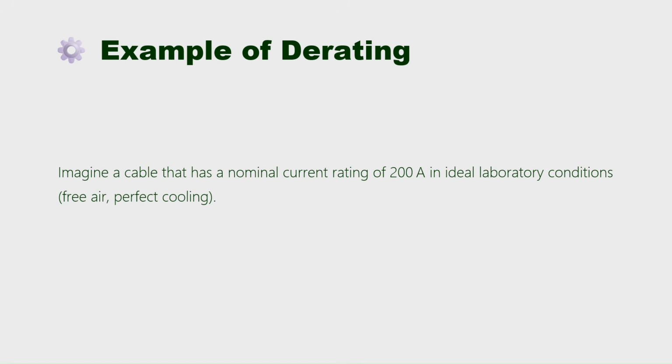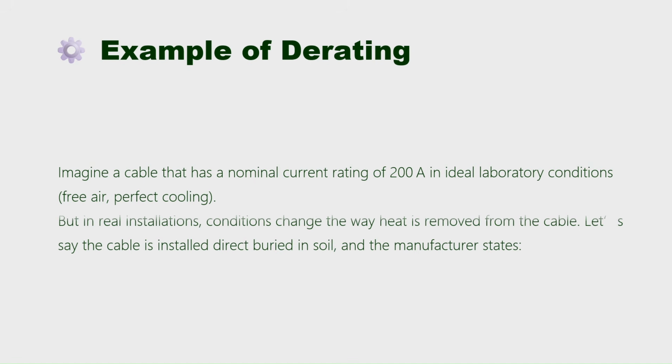Example of derating. Imagine a cable that has a nominal current rating of 200 amperes in ideal laboratory conditions, free air, perfect cooling. But in real installations, conditions change the way heat is removed from the cable. Let's say the cable is installed direct buried in soil, and the manufacturer states a derating factor for direct buried installation of 0.85.